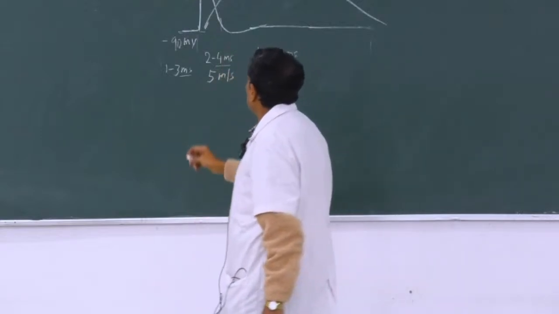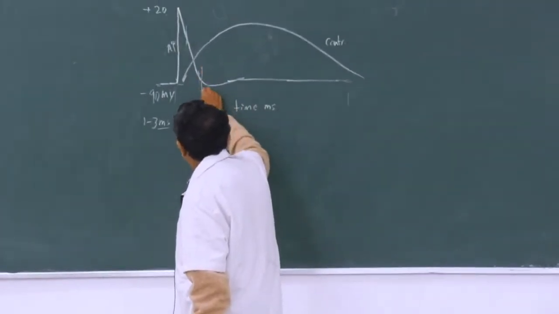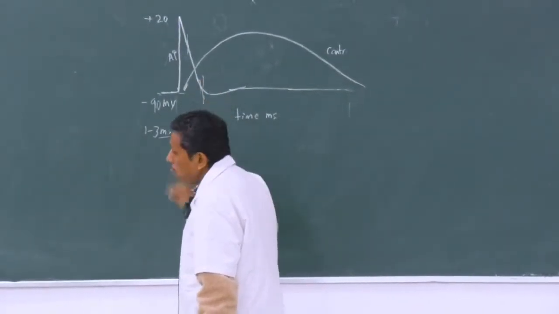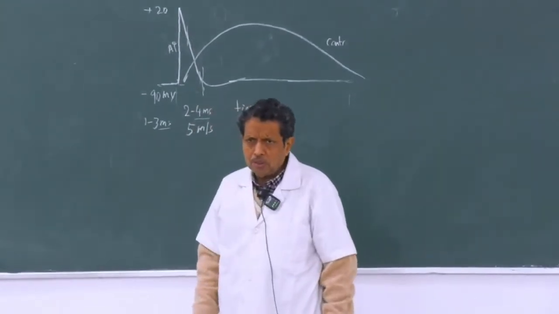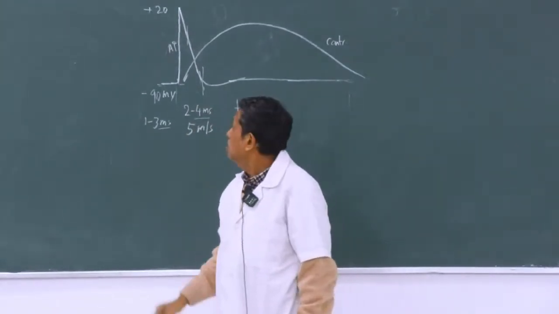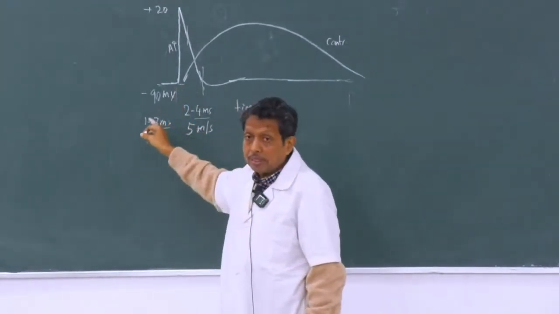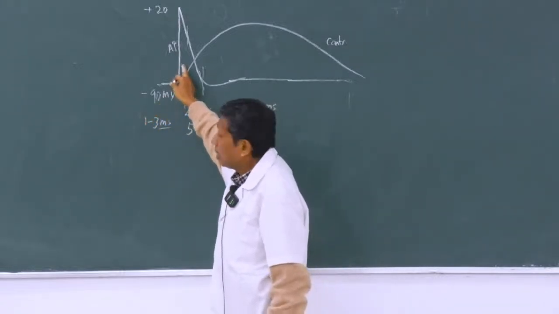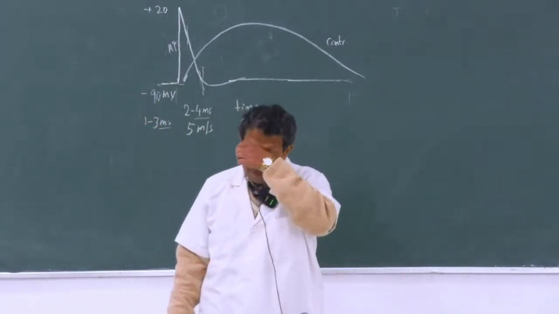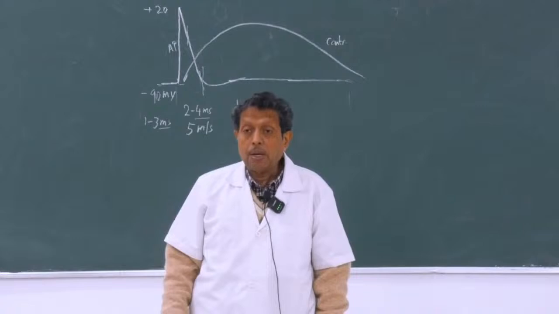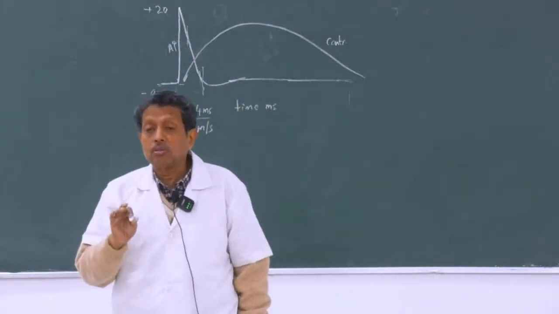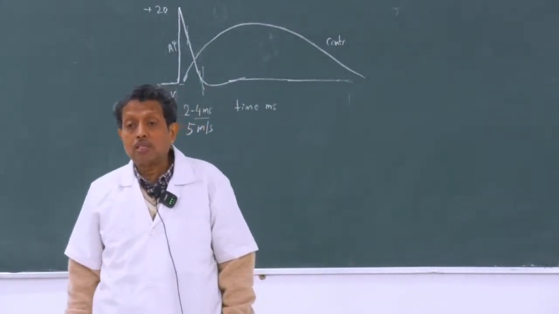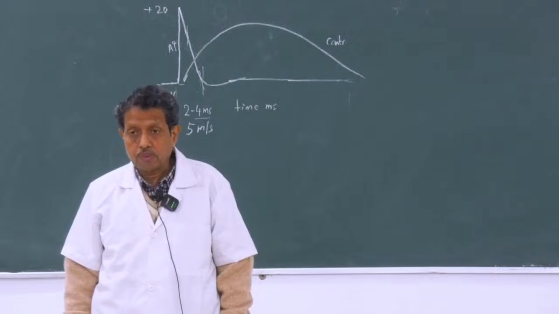So, if you consider this spike potential, this is the refractory period. In case of skeletal muscle, it is the electrical activity that is refractory, but the contraction has no relation with the refractoriness.